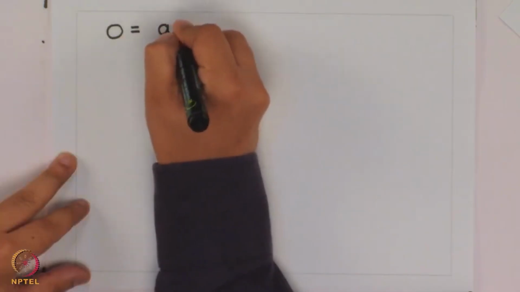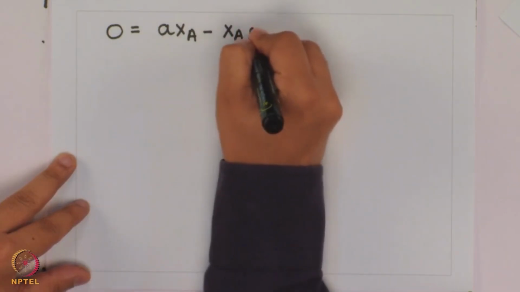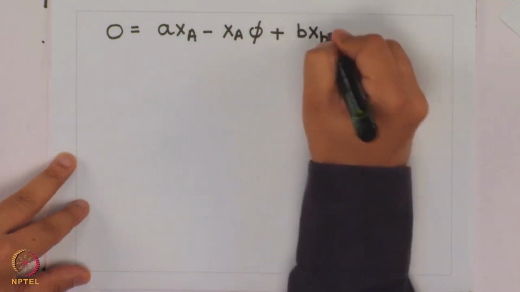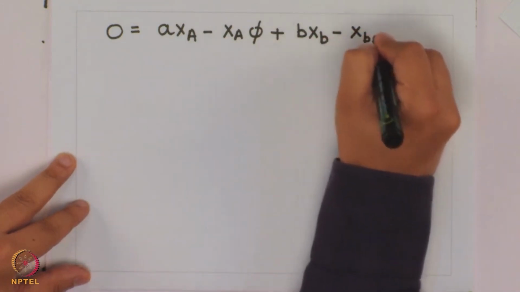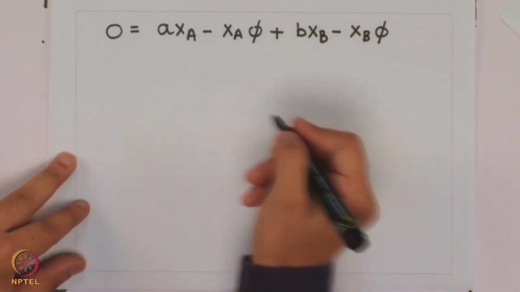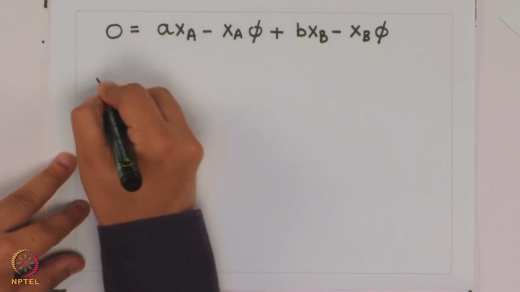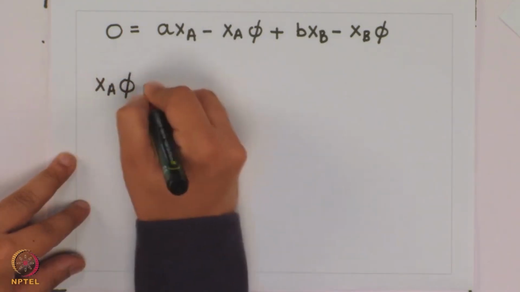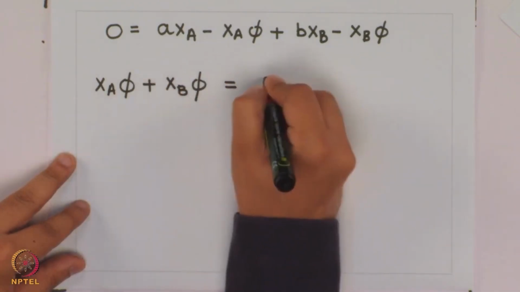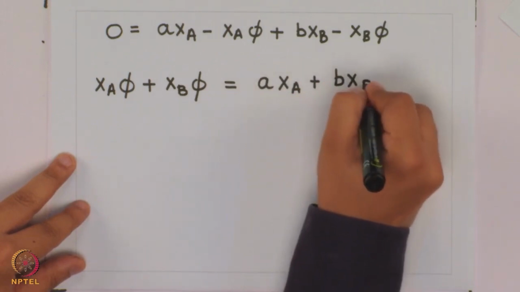I solve these together, and let me do that on the next slide. I get 0 equals a times xa minus xa times phi plus b times xb minus xb times phi. I am just going to do some rearranging. I will take the phi terms over to the left hand side, and that gives me xa times phi plus xb times phi equals a xa plus b xb.